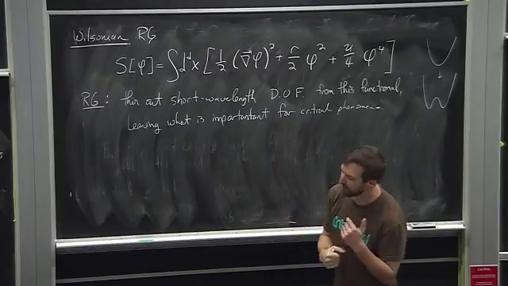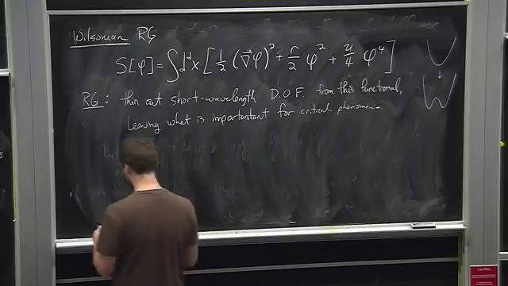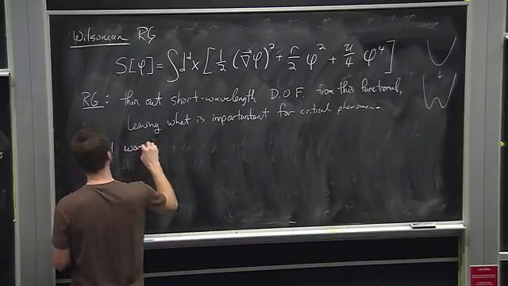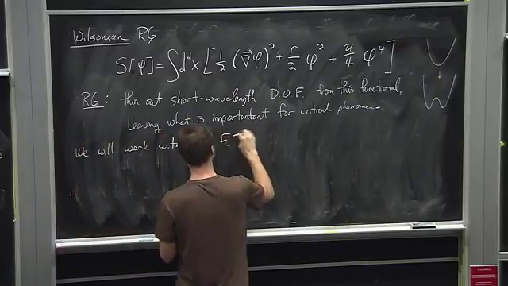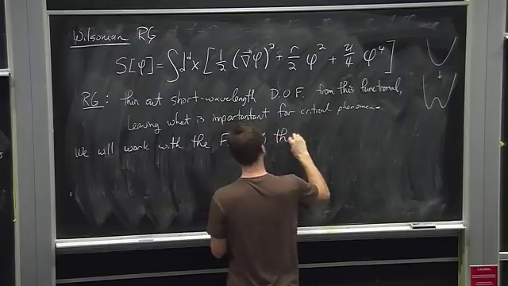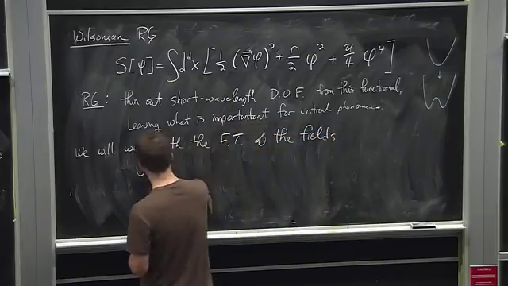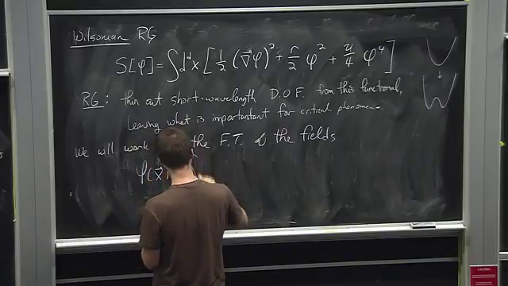And we're going to do that by Fourier transforming the fields. So remember all your momentum space nonsense. So in real space, remember we know the scaling dimension of this actually.